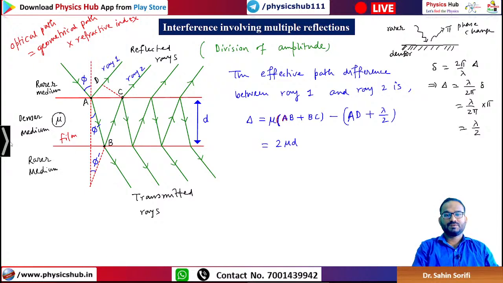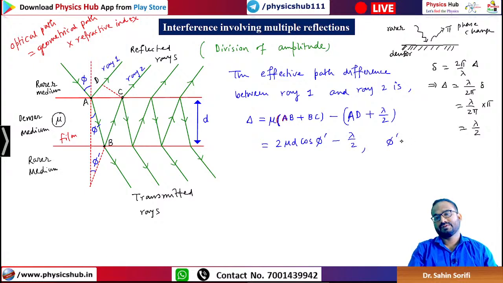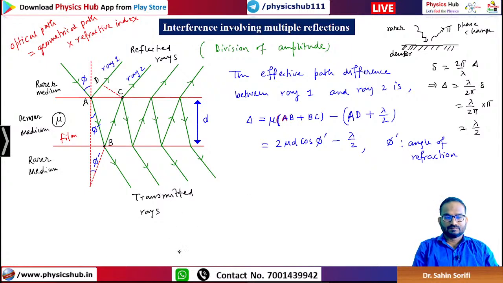So twice mu D cos phi prime, where phi prime is the angle of refraction, minus lambda by 2. So this is the path difference for the two rays, ray 1 and ray 2.